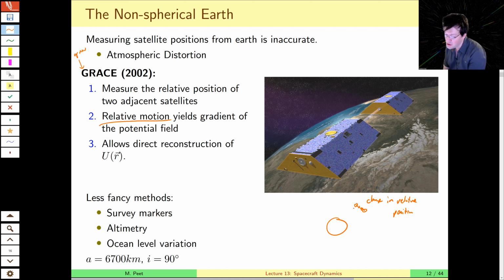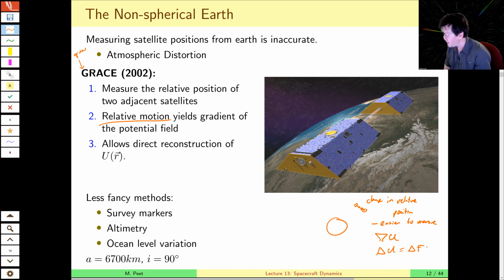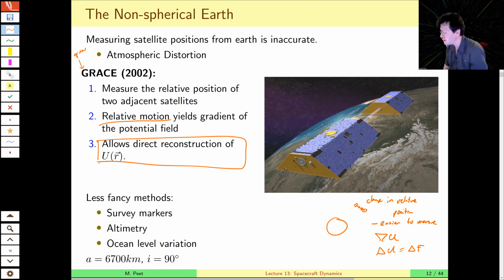And if there's a change in relative position, well, A, that's easier to measure without as much noise, so much more accurate, and it directly gives you the gradient of that potential field, because it's relative forces between these two satellites, sort of delta U equals delta F. So the GRACE project was specifically designed to measure that potential field and allows us to directly reconstruct these gravitational potentials.